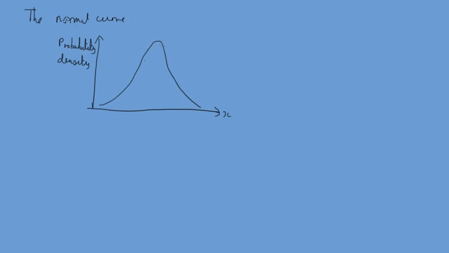In a normal curve, the characteristics are that the mean, the median and the mode are all equal, and so it'll be this value here. So this is the mean, that's the peak value. The probability density decreases as you move away on both sides of the mean.